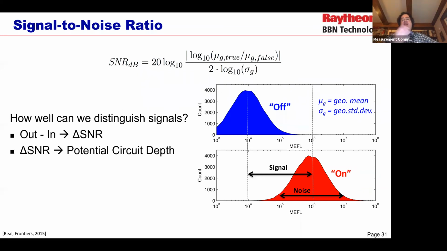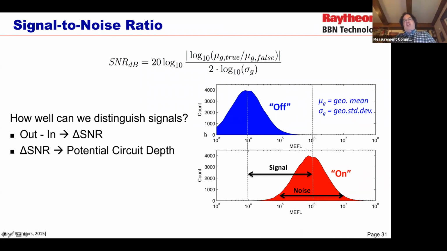This is an information tool that has been long developed in the electronics and communication world. And it simply asks, how well can you distinguish two signals? Those signals don't need to be electronic or radio signals. They can be a signal like the fluorescence signal coming out of our cells.